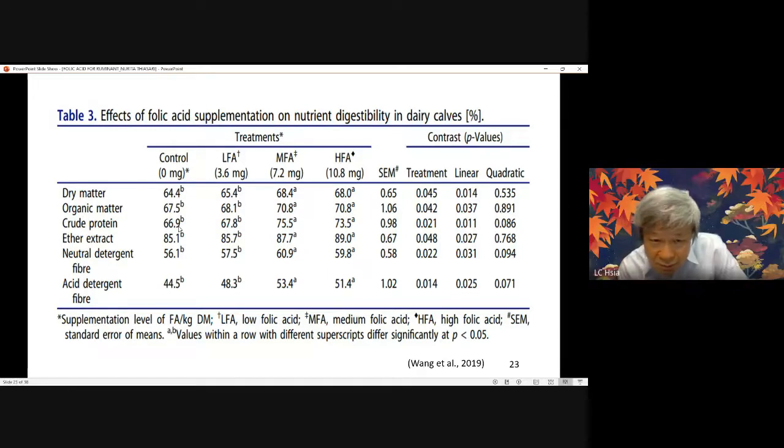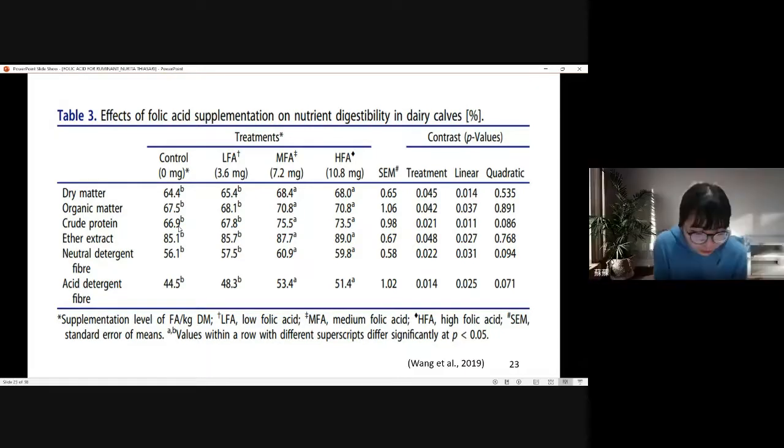Susu? Thank you for the presentation. My question is why providing the folic acid will increase the population of the bacteria.